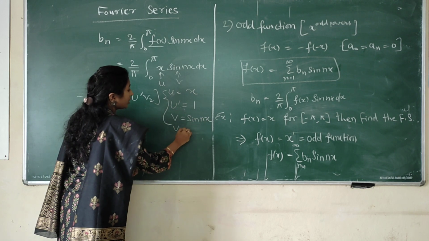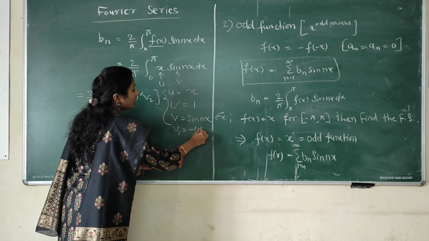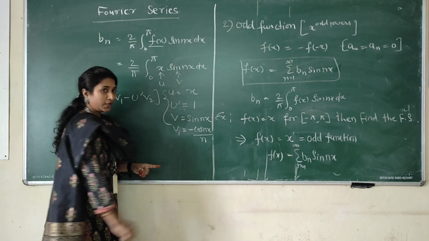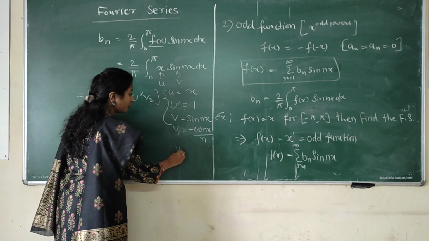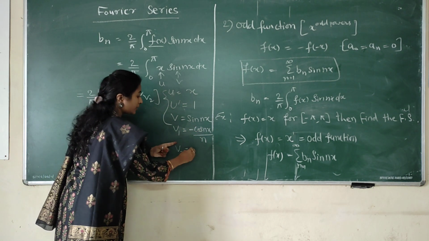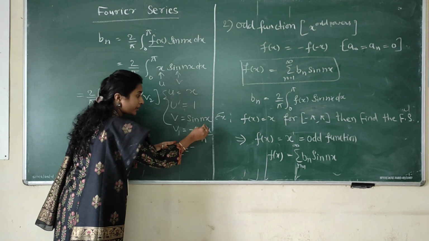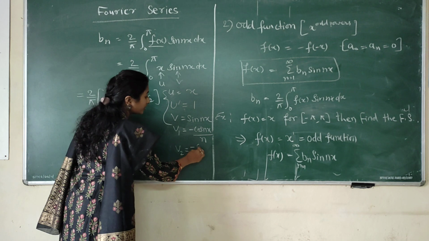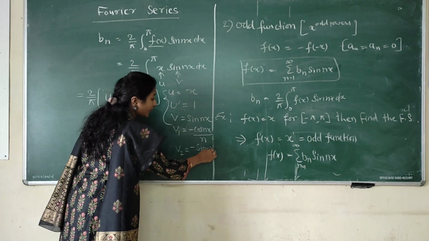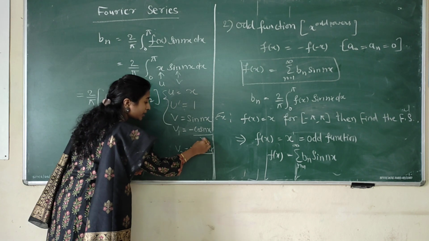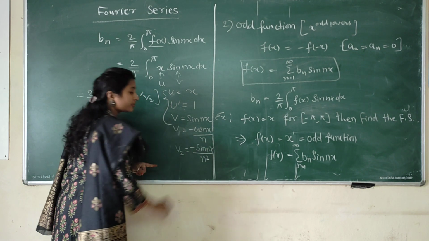So v1 is equal to integration of sin, which is minus cos, with the constant in the denominator. v2 means integration of v1, the minus sign is already here, n is already here. So integration of cos nx is sin nx, again with n in the denominator, so n into n would be n square.